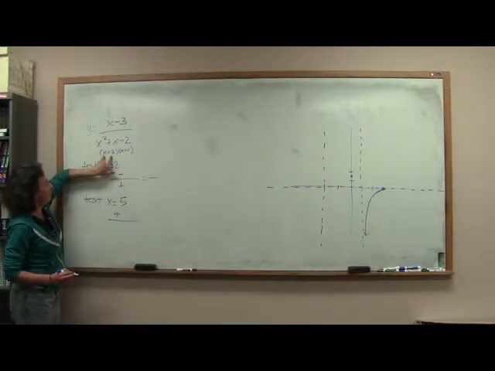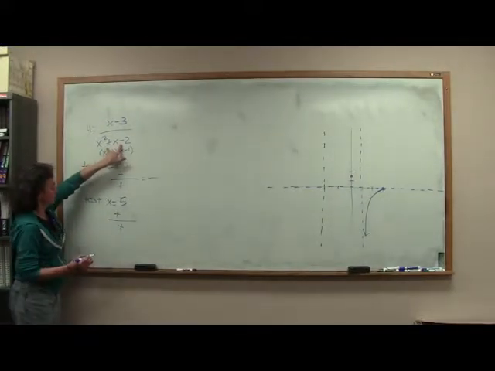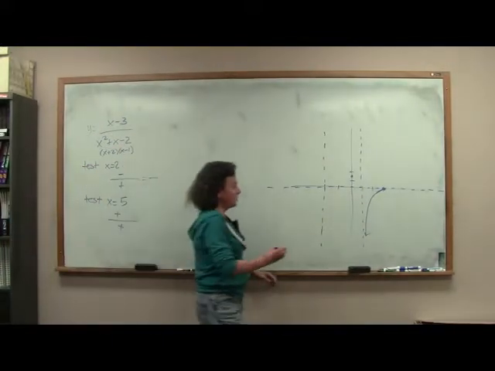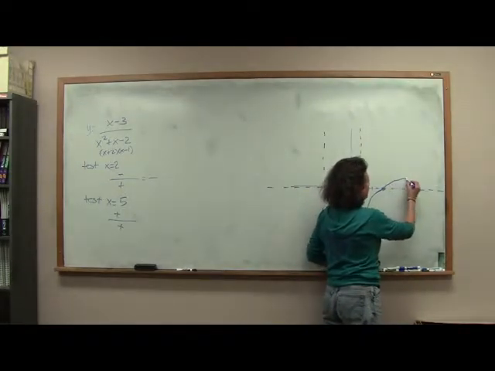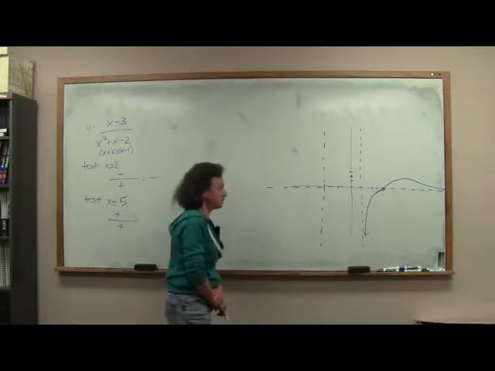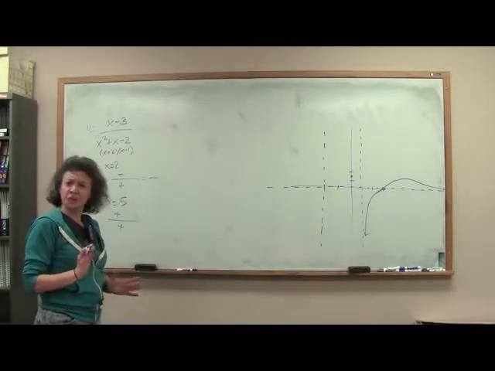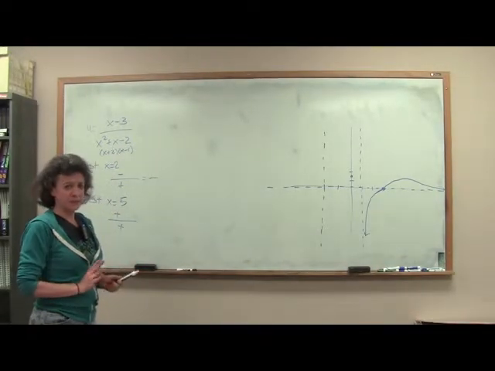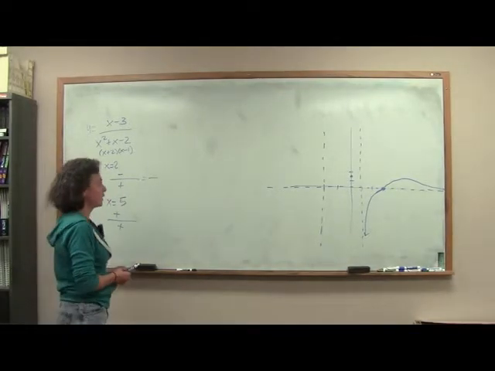If I plug 5 here, I'm also going to have a positive number. So I know somehow what happens is I go up, but then I know I have a horizontal asymptote, so it's going to go down. Okay? And you can use a graphing calculator to refine your graph, but right now we just want to get our general ideas.